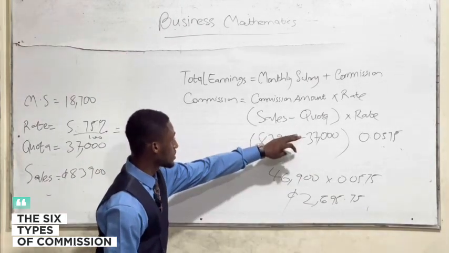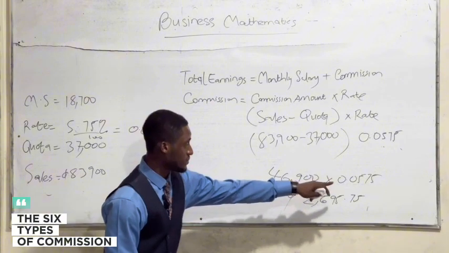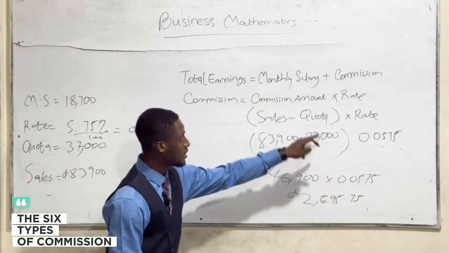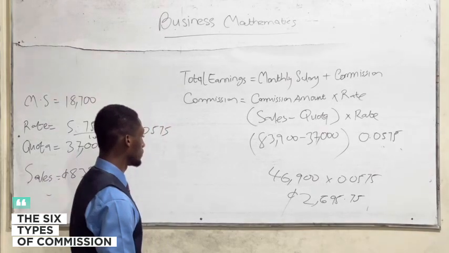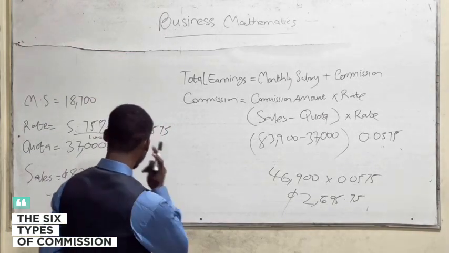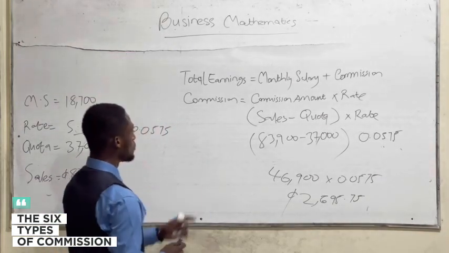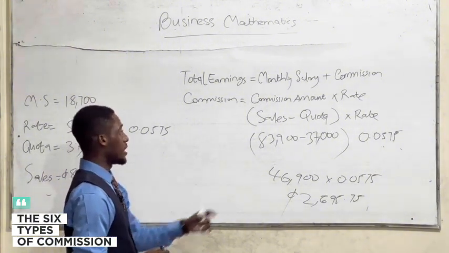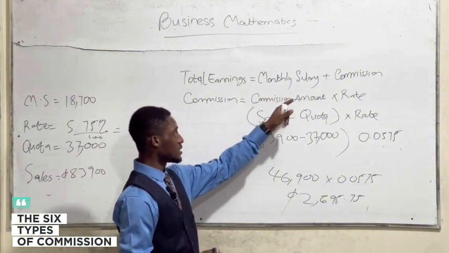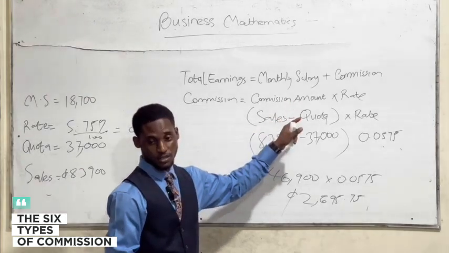After finding the commission amount, we come to multiply it by what? By the rate stated in the question. So now we go ahead to find our total earning. And as stated here, total earning is monthly salary plus commission.